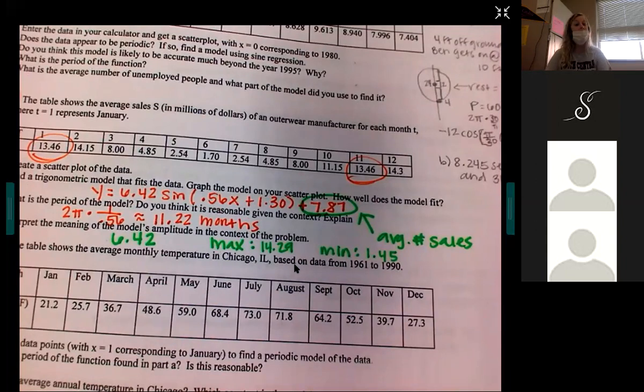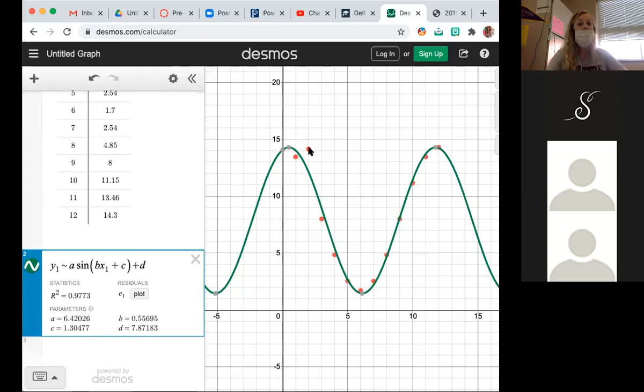So remember, when you find this equation, you are approximating what will touch the most points. So if I look at my graph again, some of these points aren't on the graph exactly. So the max from the graph is 14.29, which is what I just got when I did the adding of the midline and the amplitude.